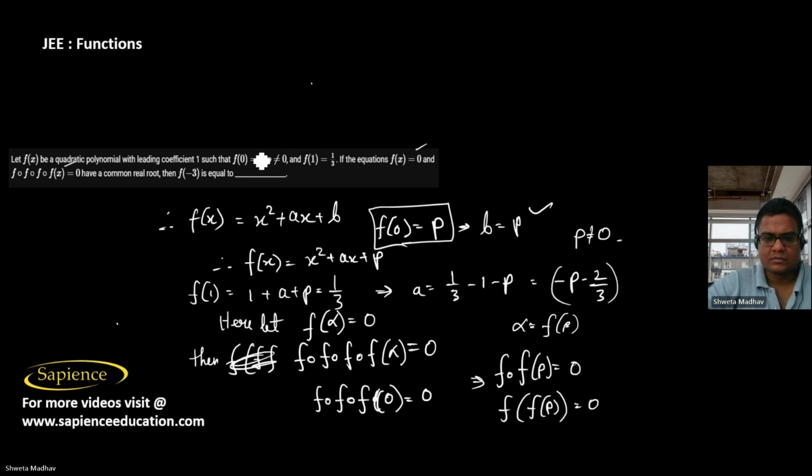So f of p is alpha. Now alpha into alpha is a root.